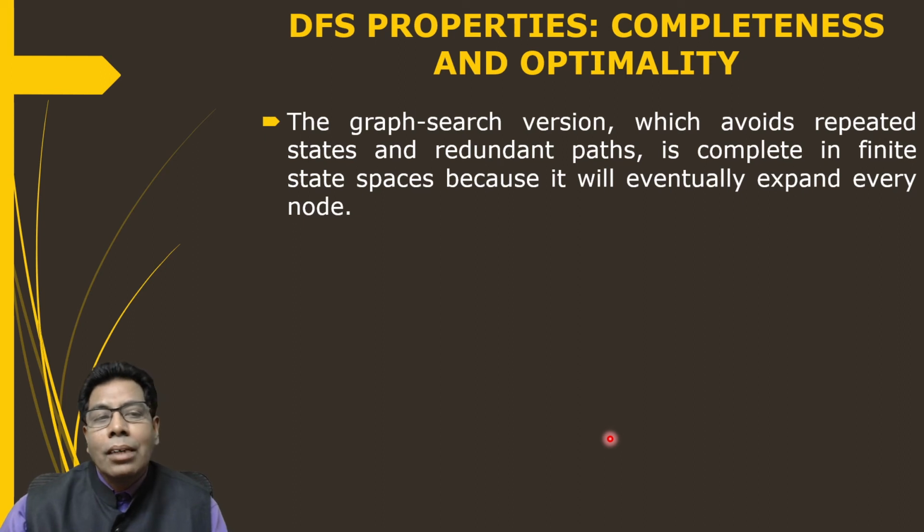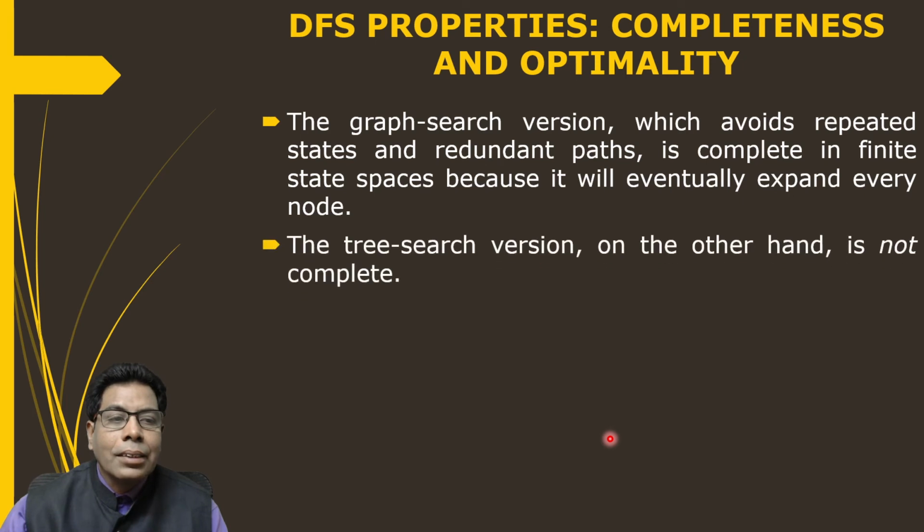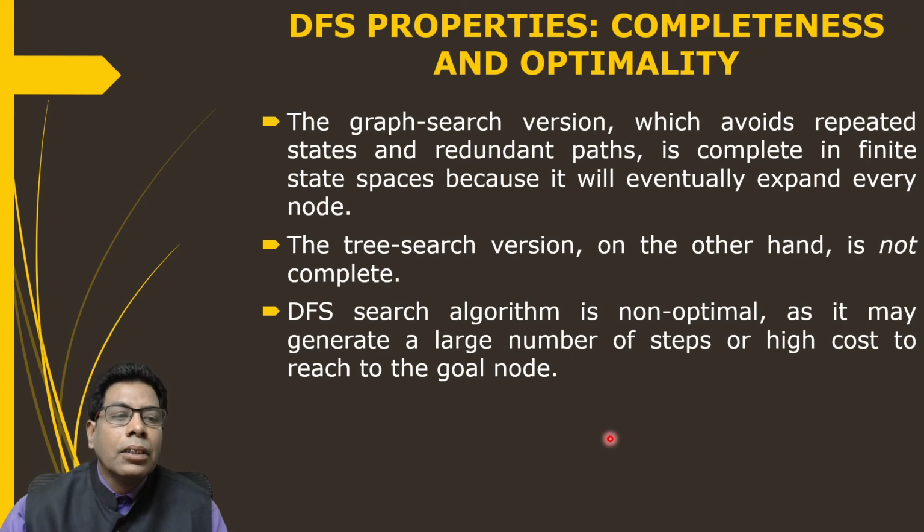So if you are considering graph search, then it shows completeness, whereas the tree version is not complete, because sometimes it will lead to infinite space and the search will not reach the goal node.